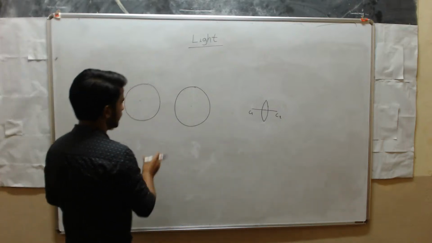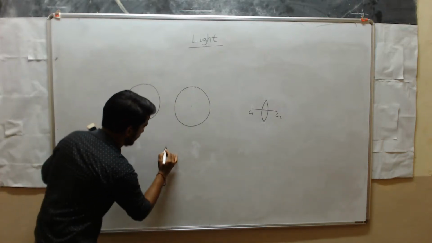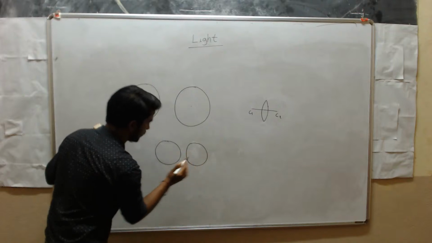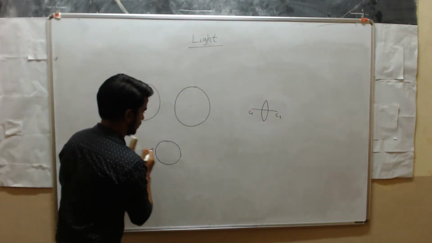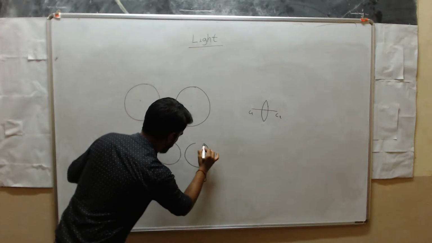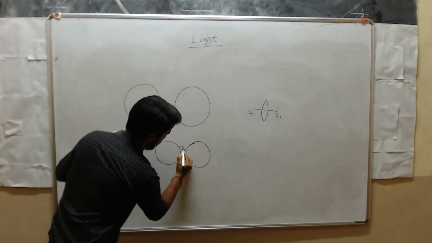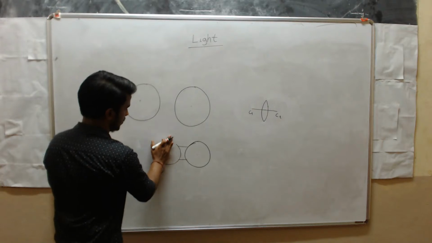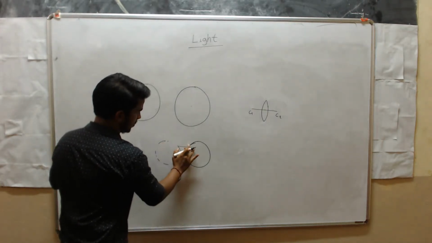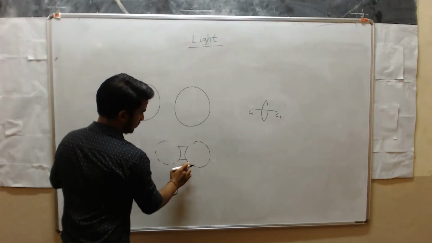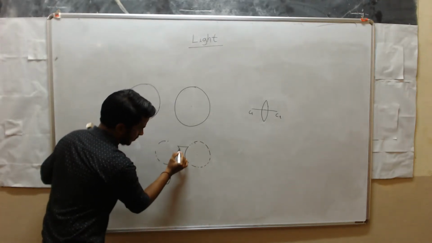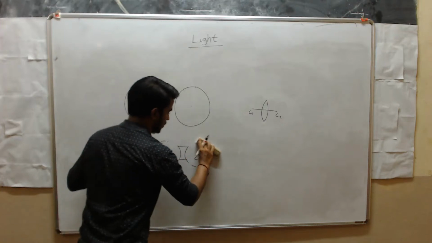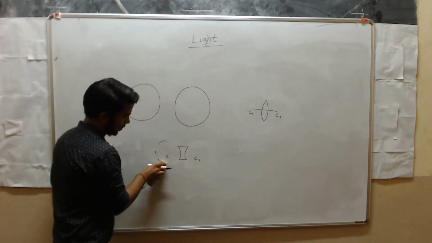Next, see here. Now take once again two circles. If you go like this, this is a part of this side circle and this is a part of this circle, C1, C2. Then it will become a concave lens.